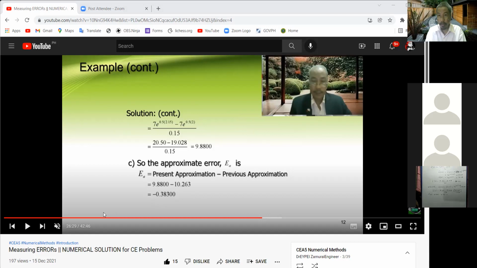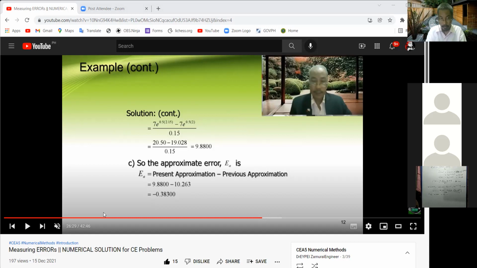So practice. Don't just follow the example without checking, without verifying. There are already plenty of errors that we found.